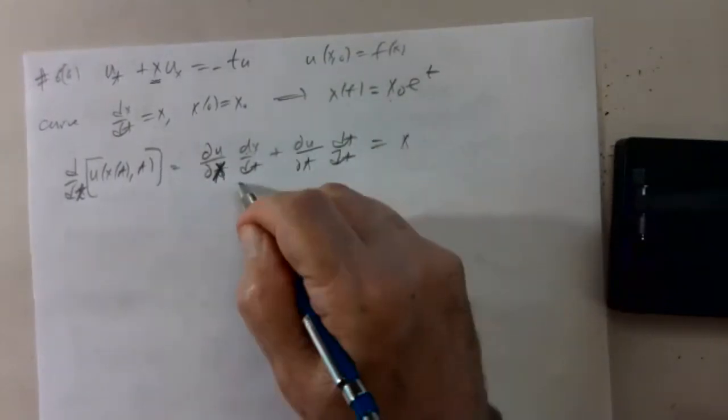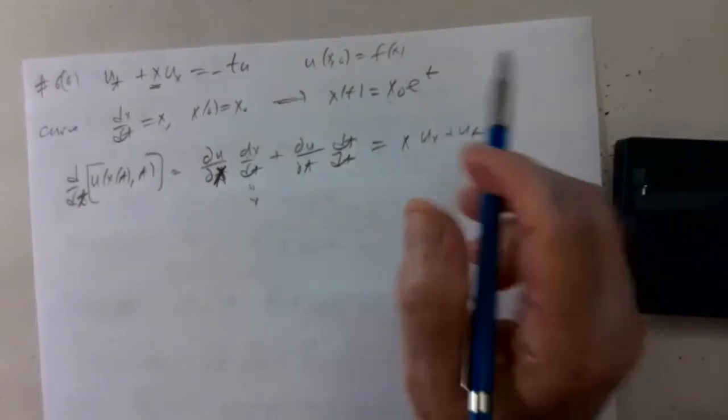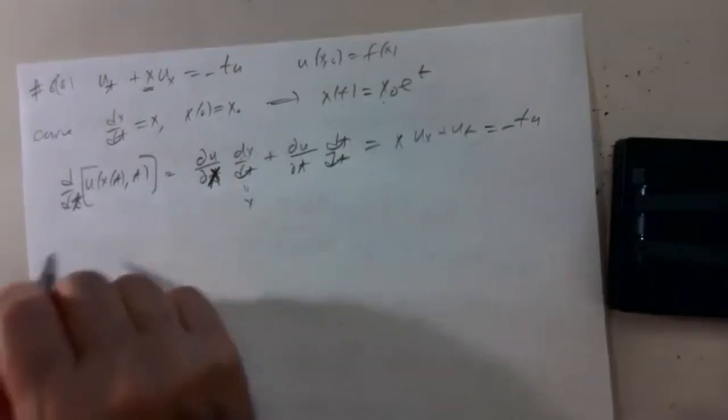So this is x u sub x plus u sub t. That's exactly minus t times u.